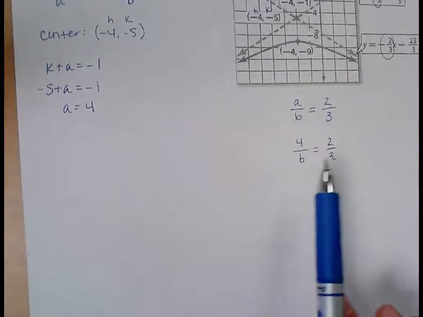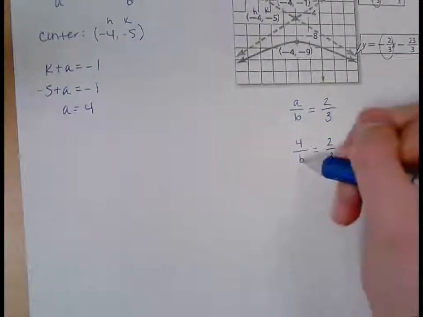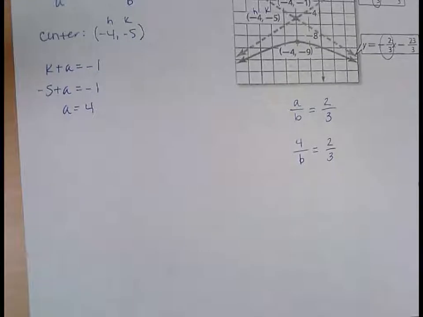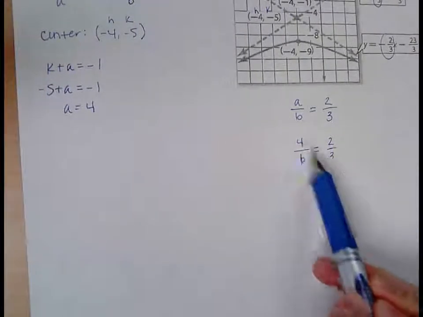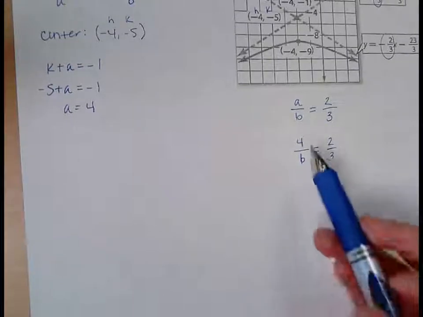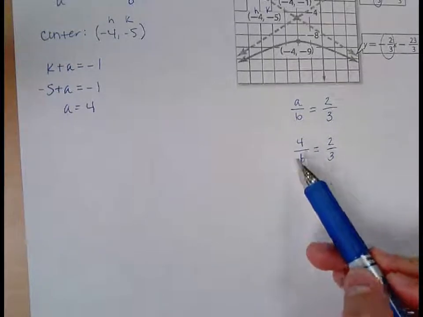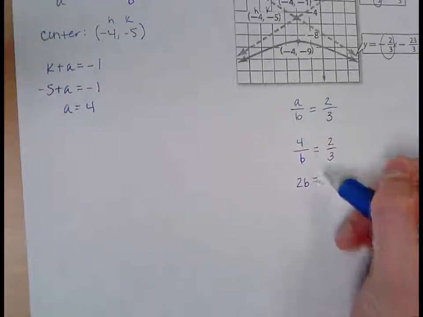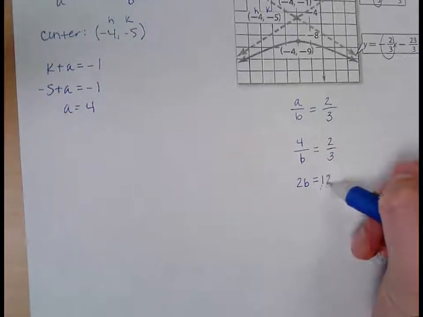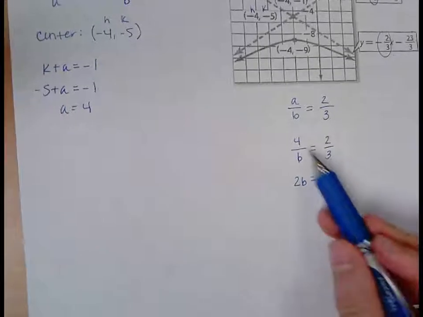You might be able to just see from this what b is equal to. Otherwise, how do you solve this? This is a proportion, so you can cross multiply those diagonals. I'm actually going to write this full thing out. If I do b times 2, so 2b should equal 4 times 3, which is 12.